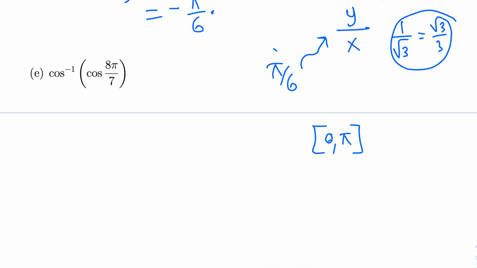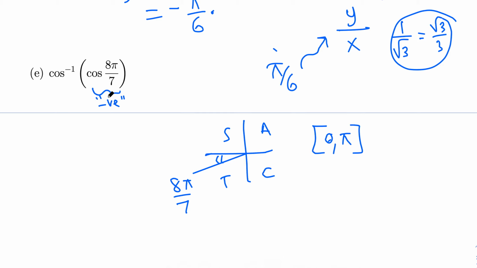So let's look at the angle and do the general work. 8 pi over 7 is a little bit more than pi, so we need this angle. And ASTC, all students take calculus, so only tangent is positive, so this one is negative. So cosine inverse of some negative value. This is pi, this is 0, this is pi over 2.